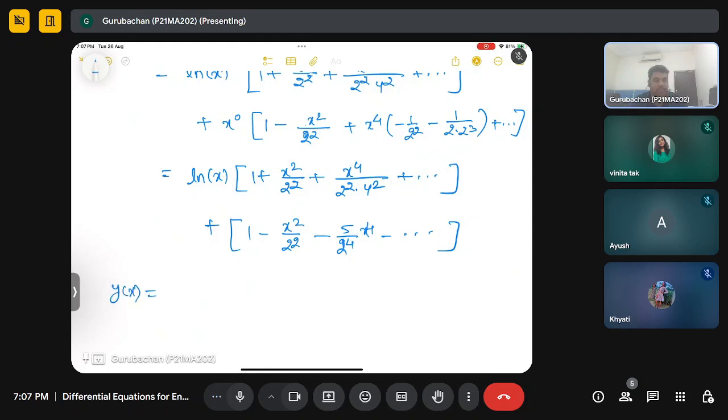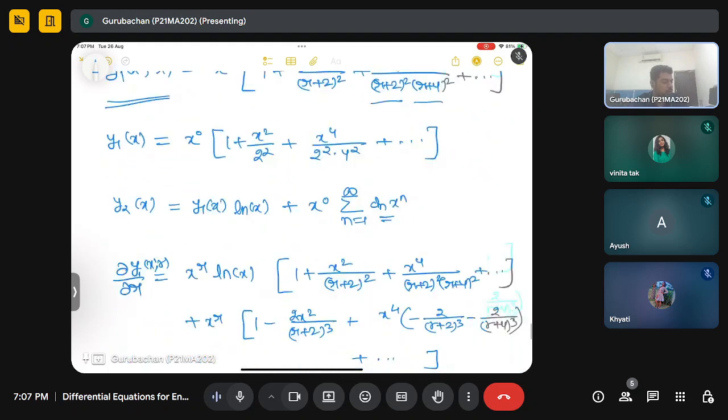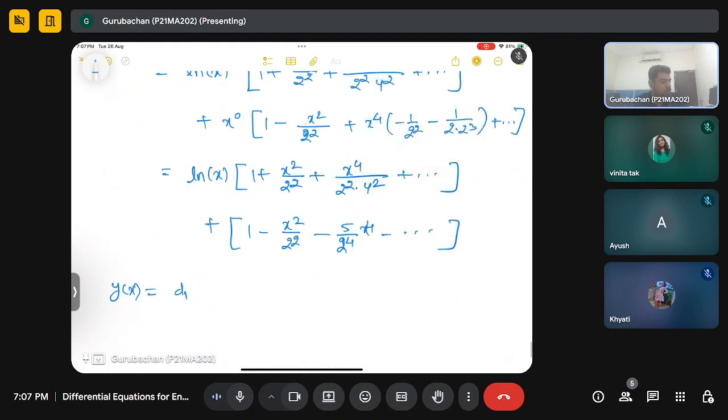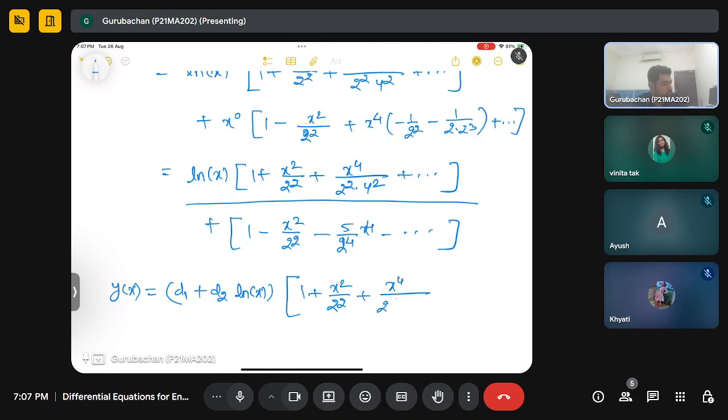y(x) is some d1 times the first solution. If you observe that this first ln x multiplication term is also y1(x), so you can write d1 plus d2 ln x, and this series, and d2 times the other series.